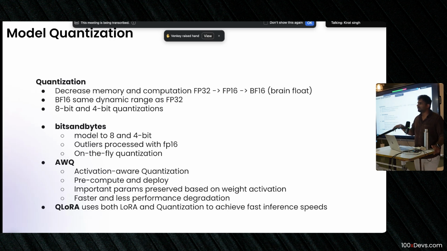So the same you can do in these LLMs: instead of using the full 32 bits, you cut it short into 16 bits, or there's something called brain float also, whose dynamic range is a bit higher. Let's not get into this, but what you can do is decrease the number of bits. So storage is less now.